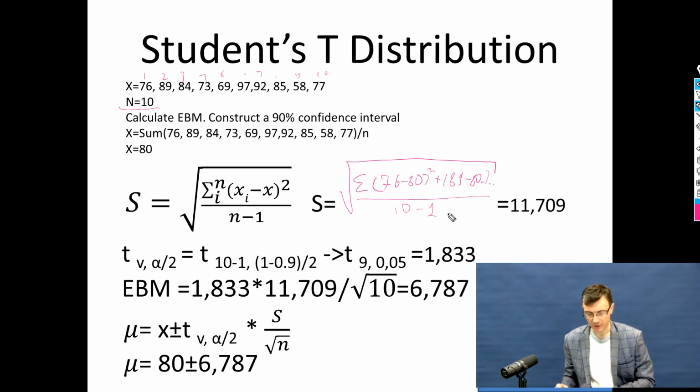So after this calculation, it will be 11.709. Then we calculate the T criteria.